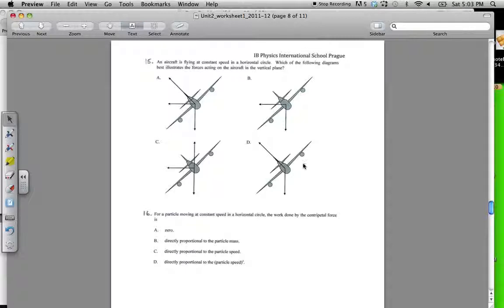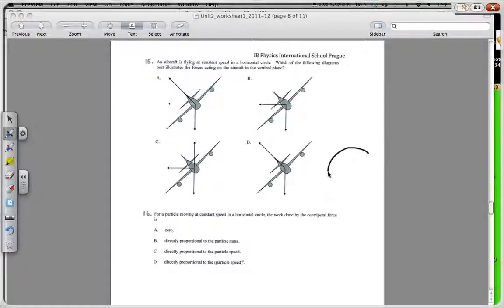Remember, when it's going in a horizontal circle, if that's the center of the circle, the resultant force is always inwards towards the center of the circle, the resultant of all the forces acting upon it. There are actually only two forces acting, and because it's staying in a horizontal circle, the vertical forces are in equilibrium.